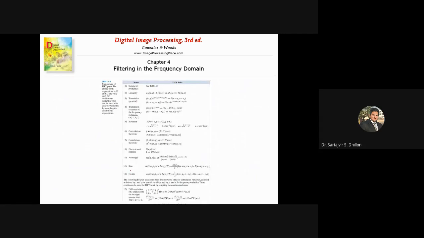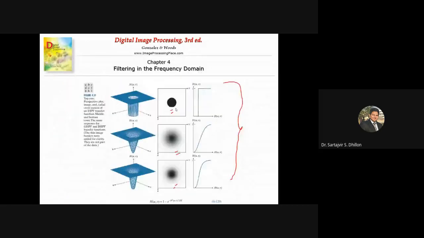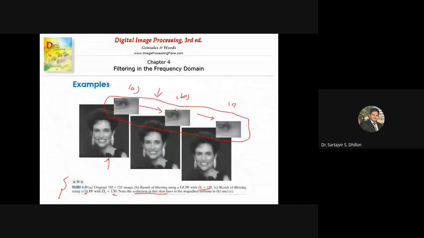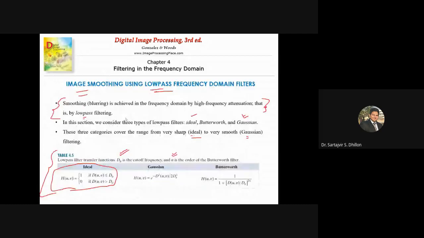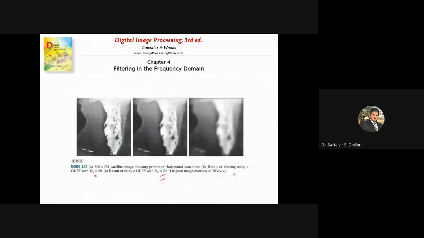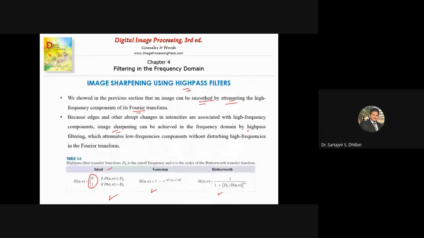These are all related to your basics. Please note that in digital image processing, we are highly concerned with these filters: image smoothing with the help of the ideal low pass filter, Gaussian low pass filter, and Butterworth low pass filter, and image sharpening with the help of the ideal, Gaussian, and Butterworth high pass filters.